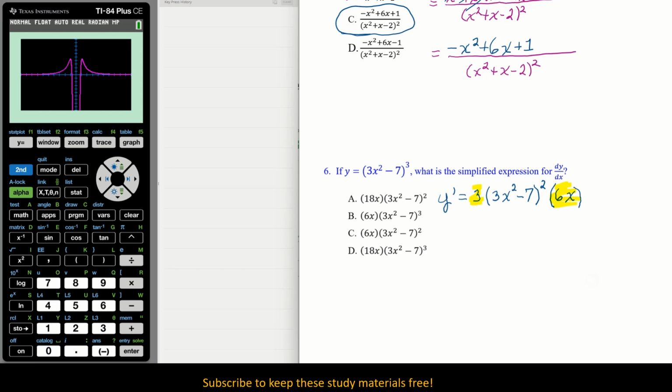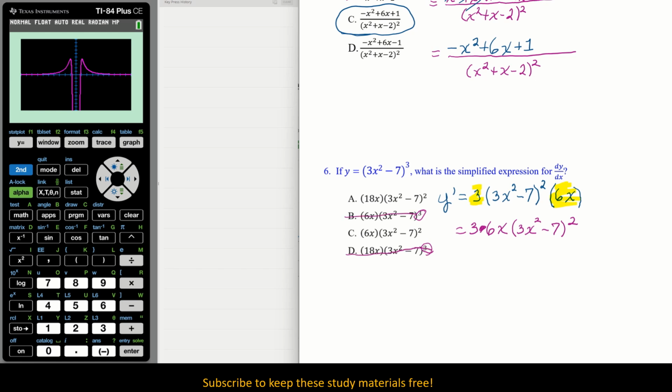So what do we really have? 3 times 6x, and then we just leave the 3x squared minus 7 alone. Now we can come over to our ABCD options, and I see some things that are just flat wrong. This exponent is incorrect, and this exponent is incorrect.